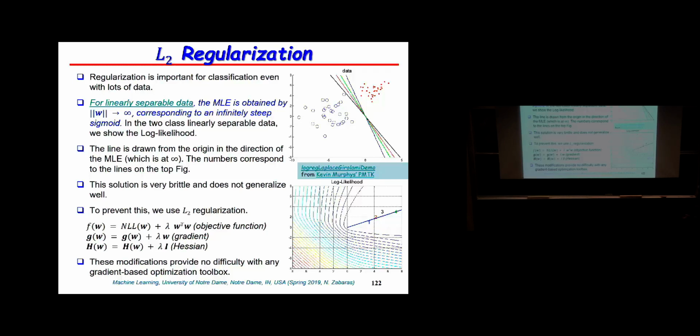So what do you do if you want to resolve this problem with the non-uniqueness of the decision boundary? Basically, you have to do regularization. By now, you know how to do this. The easiest way is to do this in a fully Bayesian setting. So rather than having W as a point estimate, you put a prior on W, and you compute the posterior of W. And we're going to do all of this.